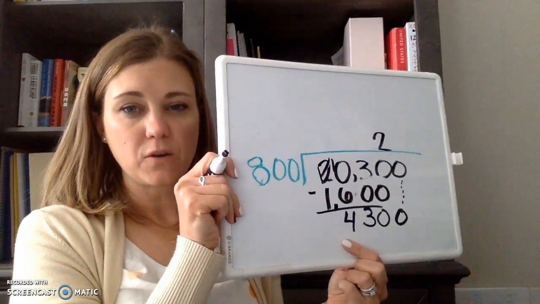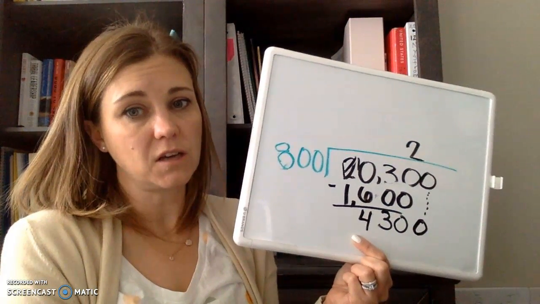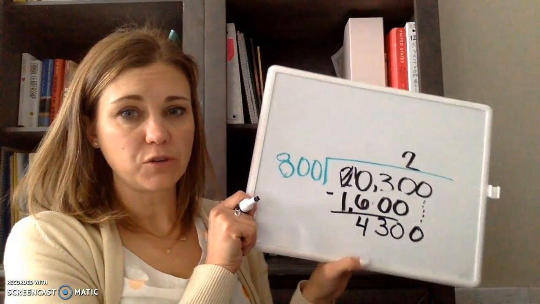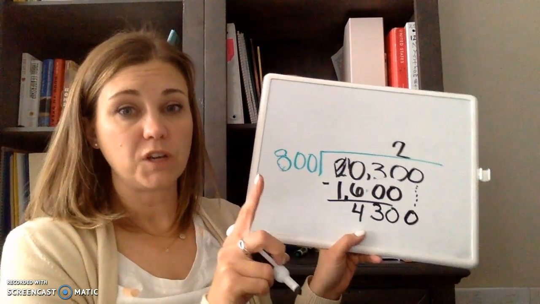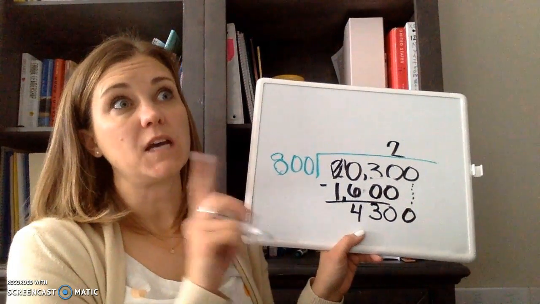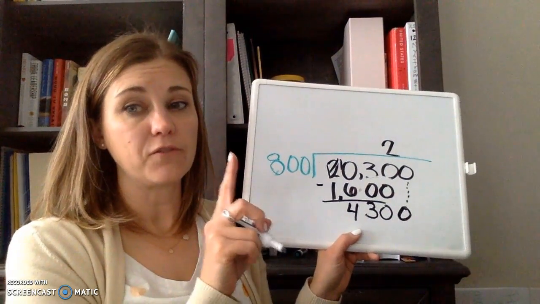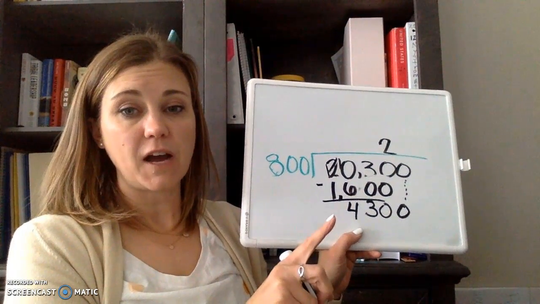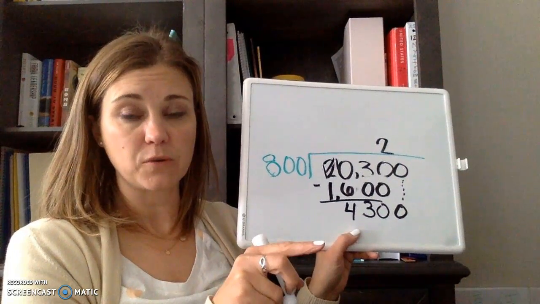So now I have 4,300. So I know I could use my 2 again. I could use 1,600 or 1,600, but I want to get closer. I want to do it faster. So I think in my head I had done 800 times 3 is 2,400. So then I do 8 times 4, which is 32. Then I add my 2 zeros. I have 3,200. Then I do 8 times 5 is 40, plus my 2 zeros would be 4,000.